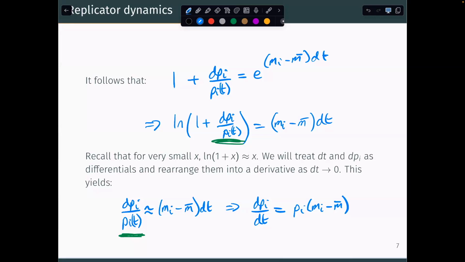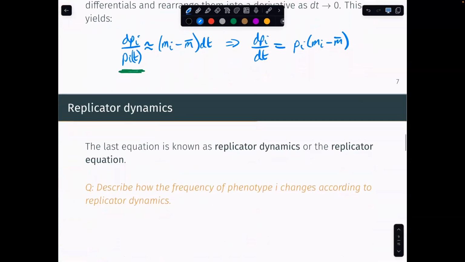The rate of change for a frequency there was proportional to the difference between the fitness of that genotype or that allele, depending on how you set up the model, minus the average fitness of the population. Essentially, this is an analogous thing. This last equation here is known as replicator dynamics or replicator equations.